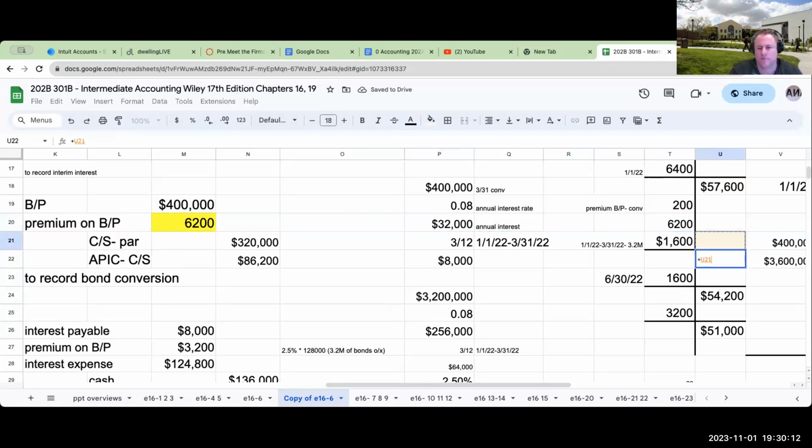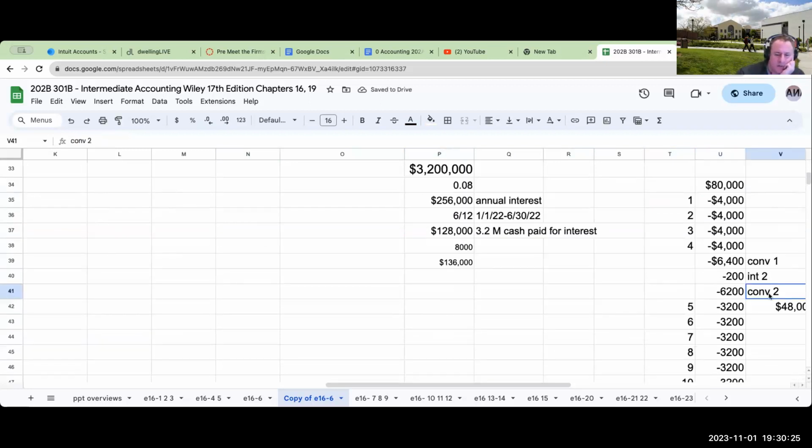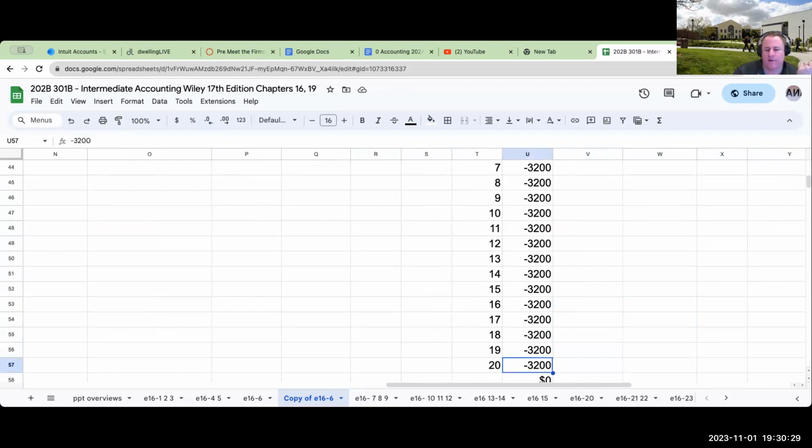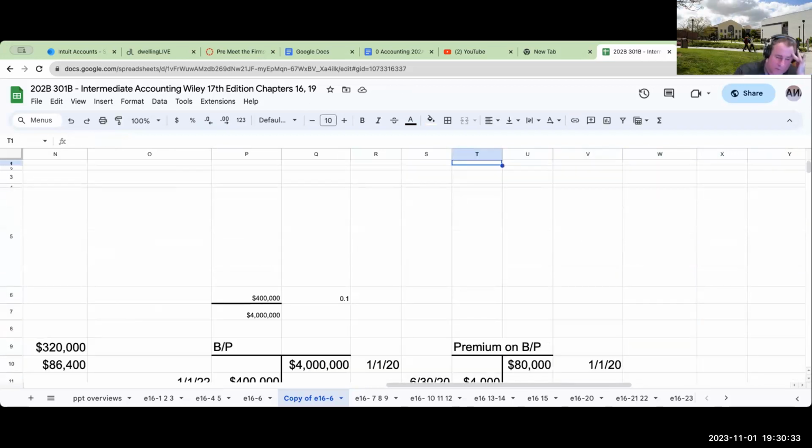Okay, so now if we do this, and then if we look at it here, right? If I do the 2 conversions, then you've got 48 grand left, and by the end of this it's going to amortize down to 0. So this actually works.